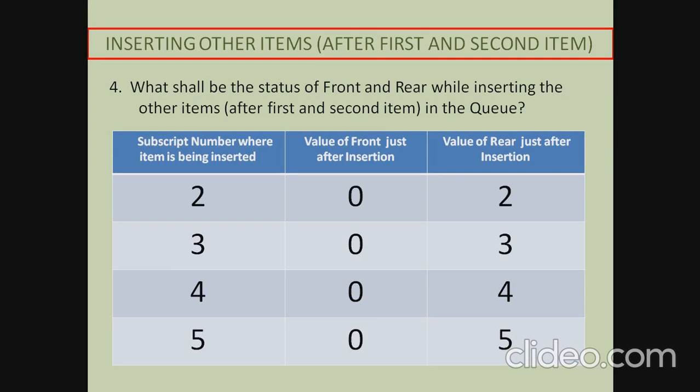When subscript number 4 is used for insertion, front is 0, rear becomes 4. When subscript number 5 is used, that is, we are inserting the 6th value, front is again 0, but rear becomes 5. So this is how we need to maintain front as well as rear while we are inserting values in a queue which is being implemented as a list.